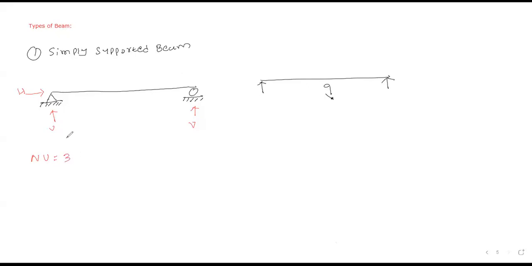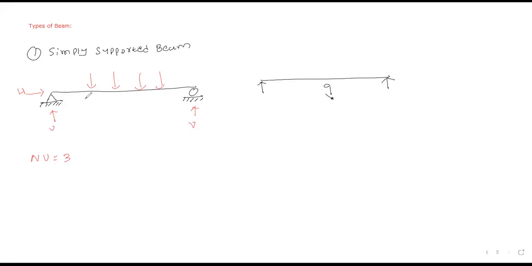Now, as we have discussed, this is a beam. Basically, loads will act on it in the vertical direction. Whatever load acts on this beam, just visualize whether these loads, including the reactions, are concurrent or non-concurrent forces.